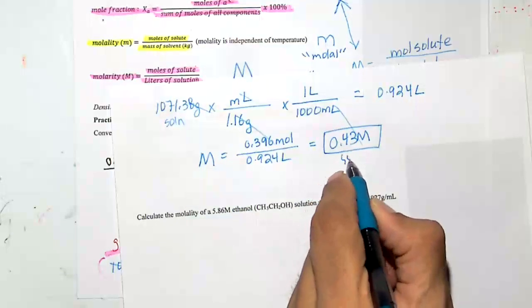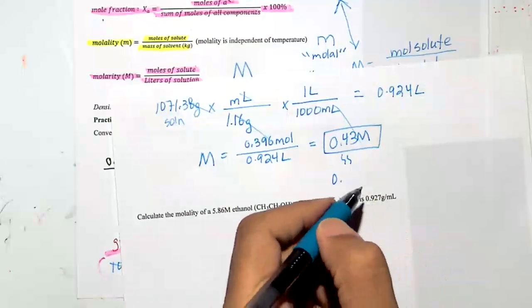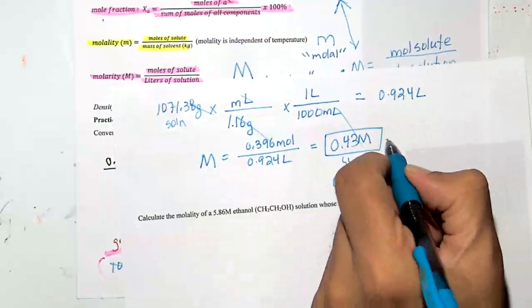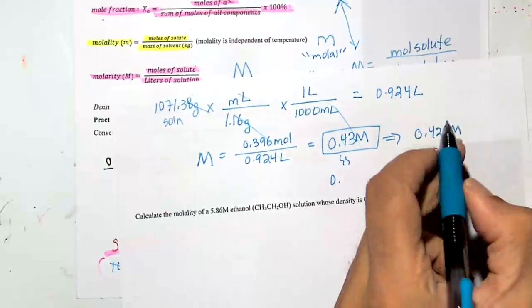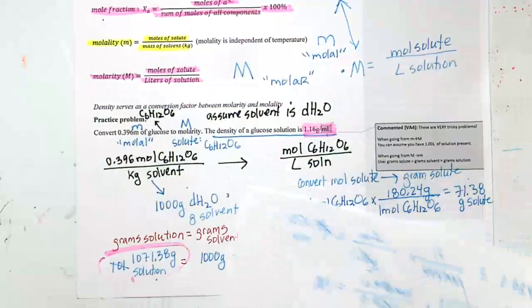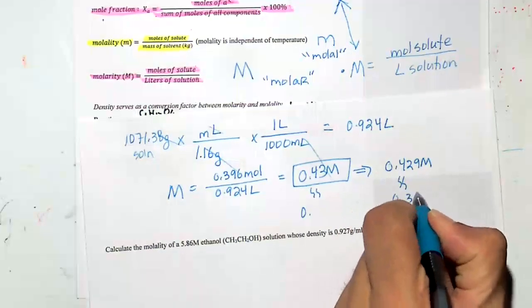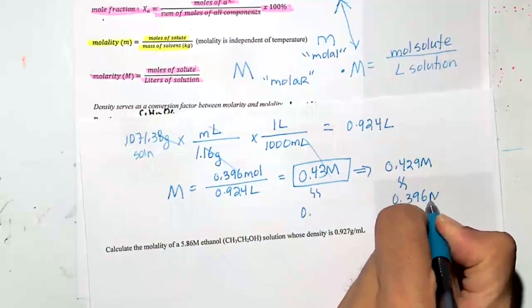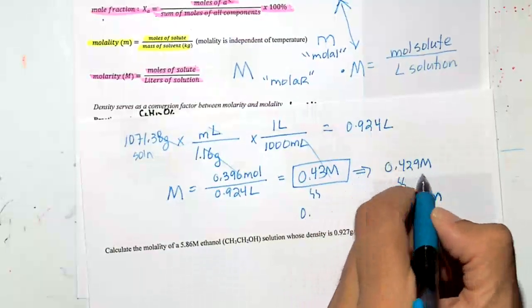Okay. So 0.396 molal of glucose. Let's just add one more digit. Let's do 0.429. 0.429 molar is about the same thing as 0.396 molal. Okay, 0.396 molal of glucose.